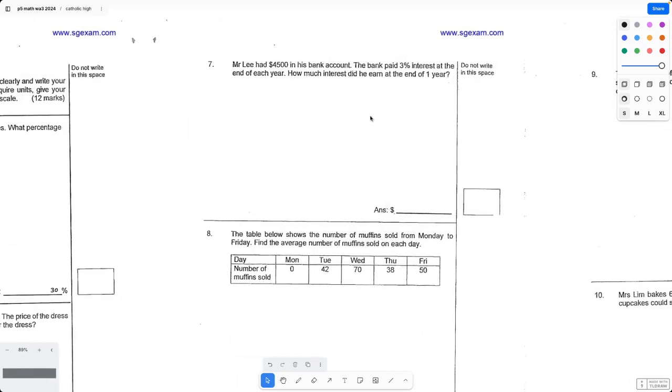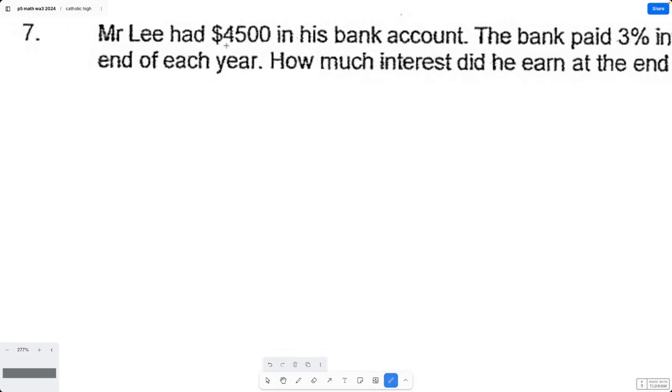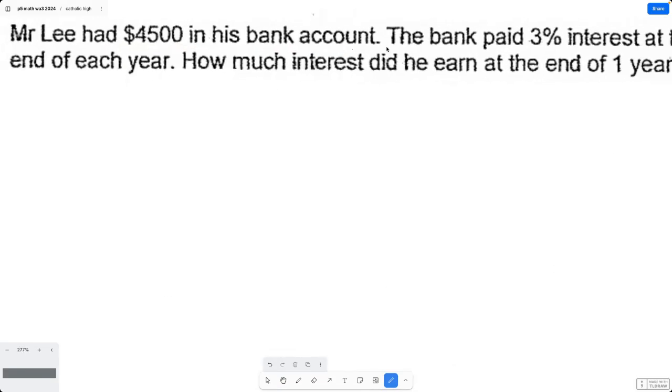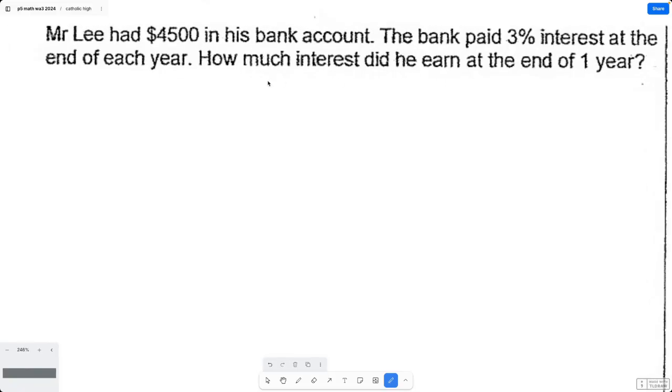Question number 7. Okay, says here, Mr. Lee had $4,500 in his bank account. The bank paid 3% interest at the end of each year. How much interest did he earn at the end of 1 year? Right, this Mr. Lee is very rich. Okay, so let's write down.